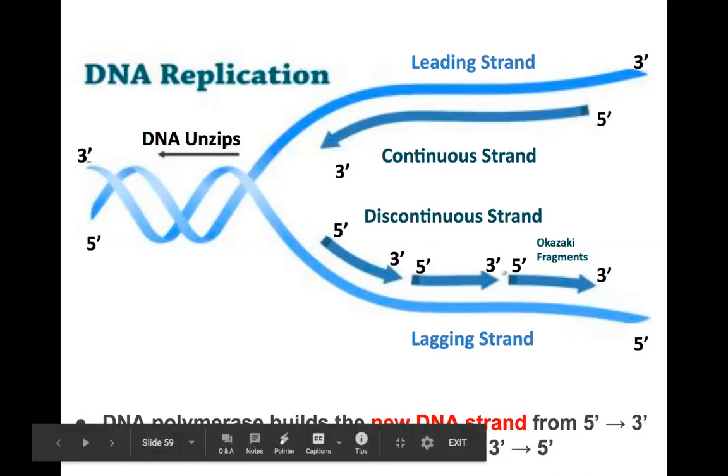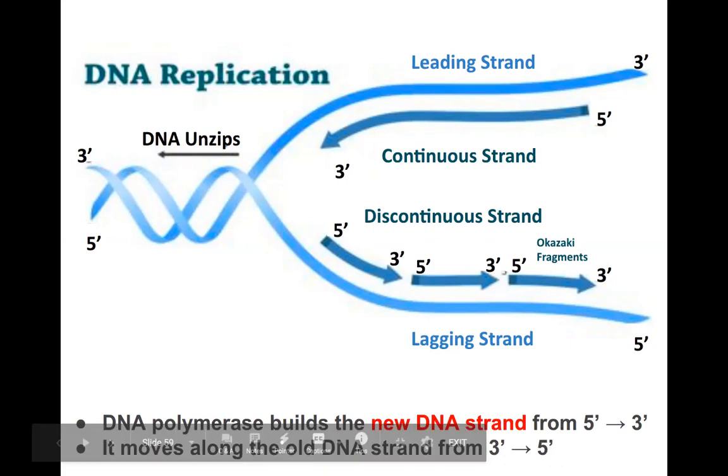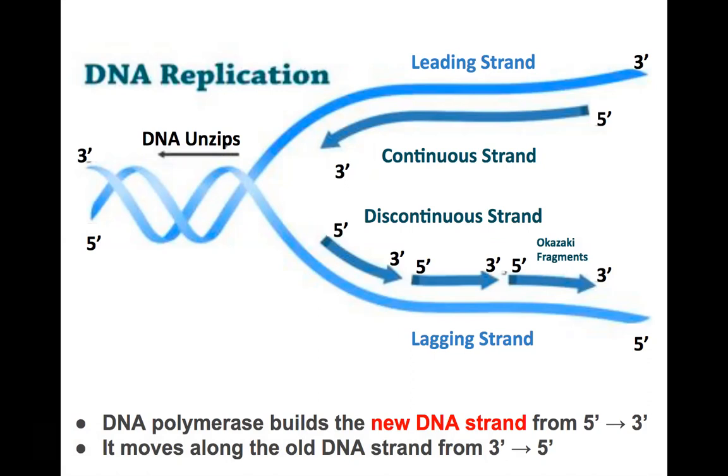Only the lagging strand side has these newly formed sections of DNA that still need to be combined together with the help of DNA polymerase, which is why this is called the lagging strand. And the one on the top is called the leading strand, that is continuous.